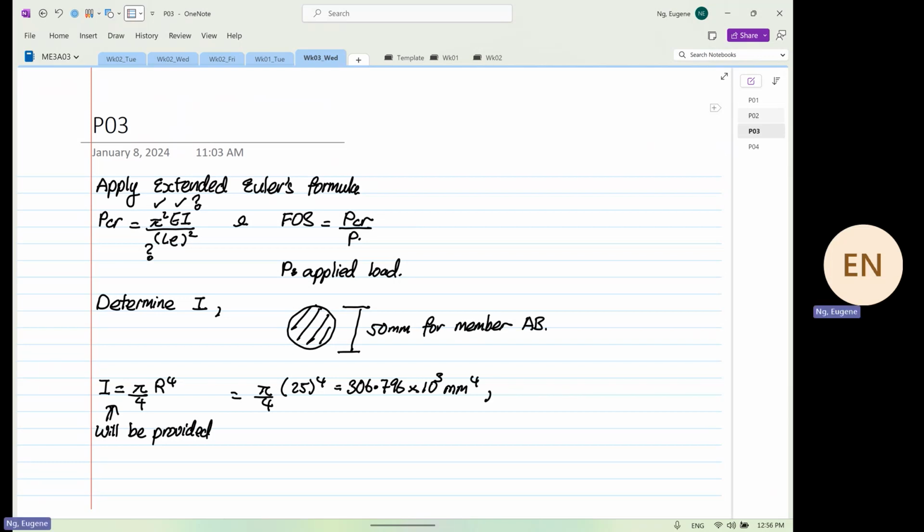If you want to change to meters, you multiply by 10 to the power of minus 12. So this will be equal to 306.796 times 10 to the power of minus 9 meter 4.